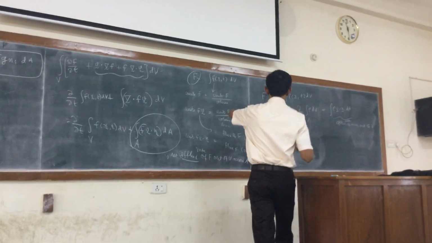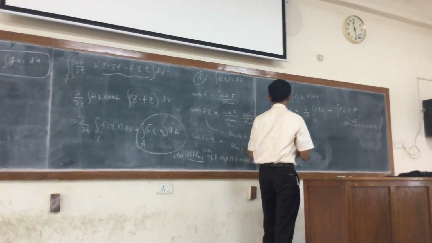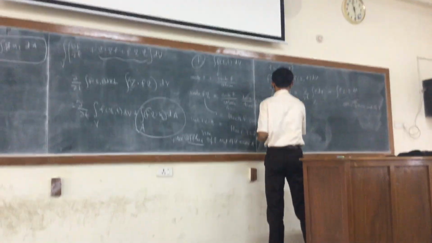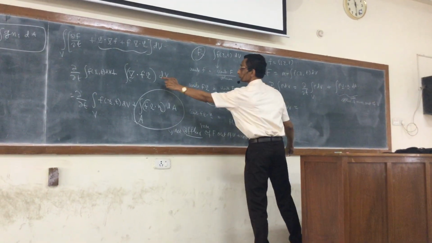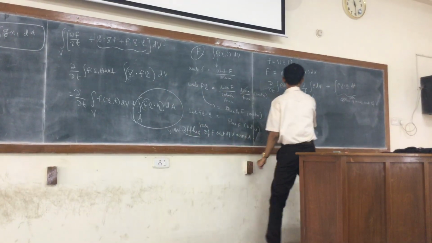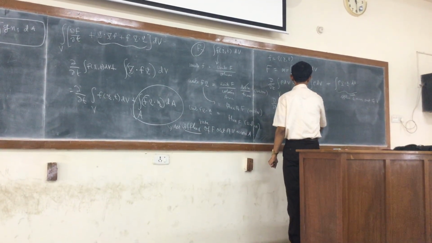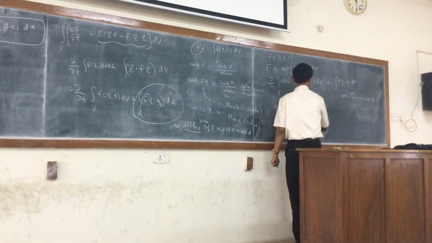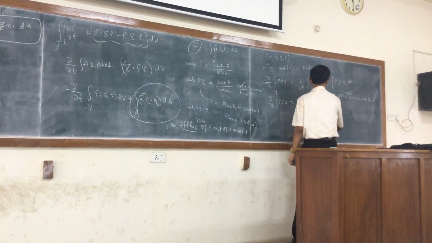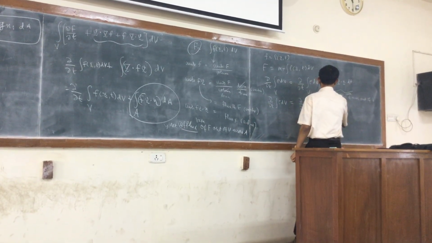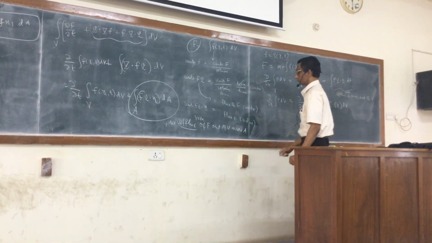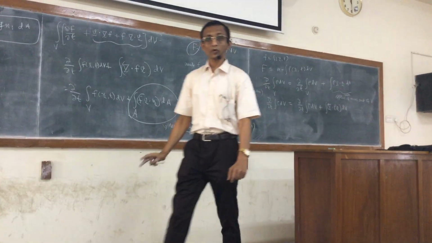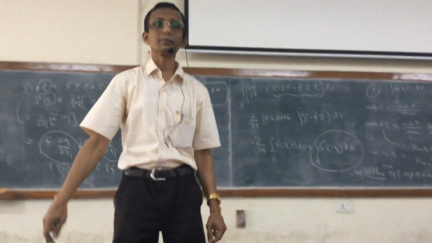Now we will take up this, and this can also be written equivalently, if I use the first formula, as a volume integral. Both forms will be useful as we will see.